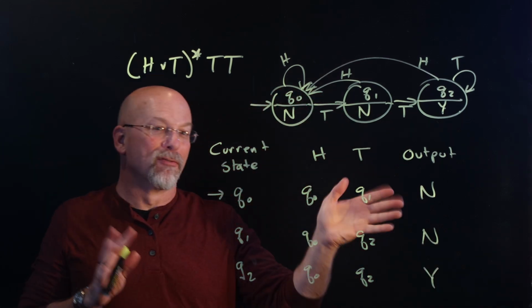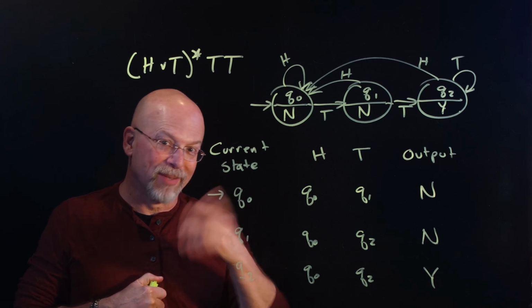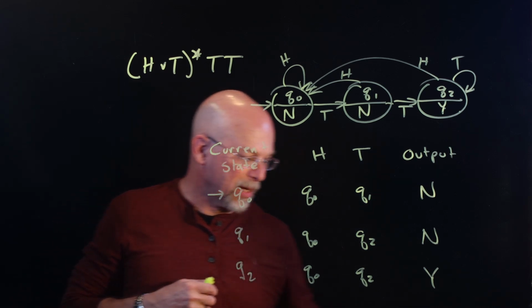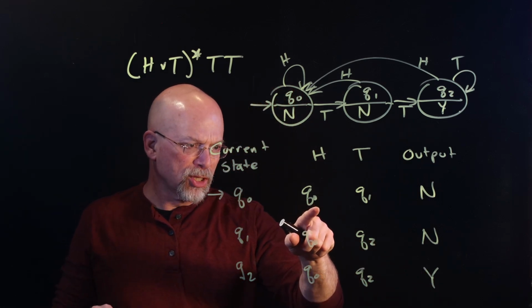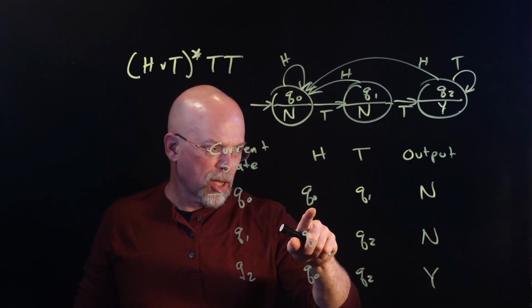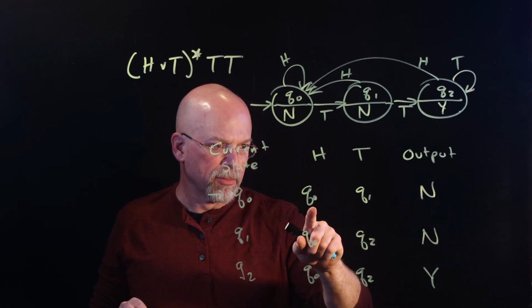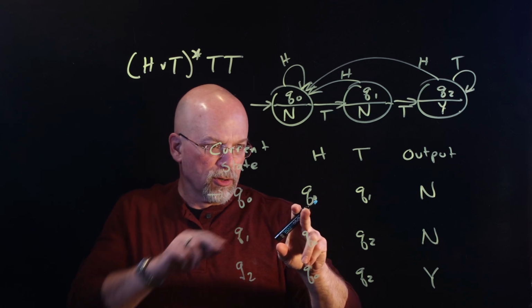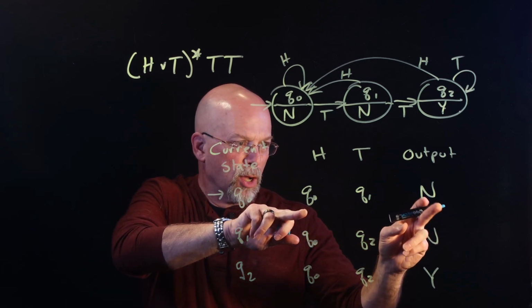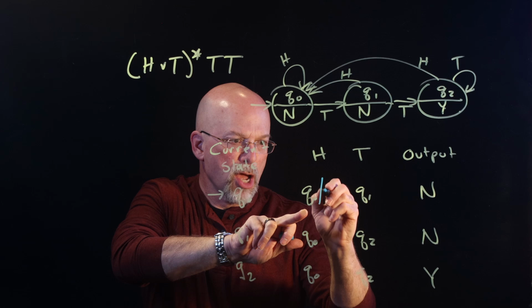Now, to actually convert this from a Moore machine to a Mealy machine, turns out it's pretty easy. All we have to do is simply say, okay, what state am I going to? Well, the state I'm going to, what's its output? I'm simply going to associate that output with that transition. So if I'm going to Q0, Q0's output is no, right?